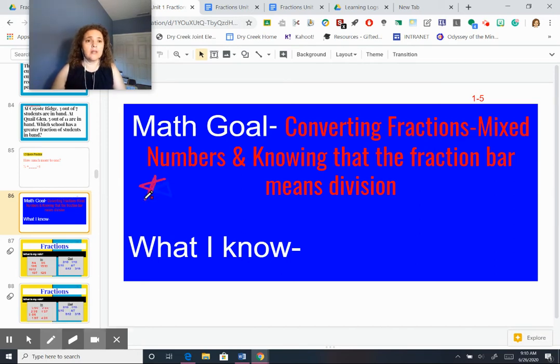This is going to help you throughout the rest of this unit. And when we get to unit 3, multiplication and division of fractions, this is going to help you a lot. So stop the video, write down your math goal, and write down anything you know.